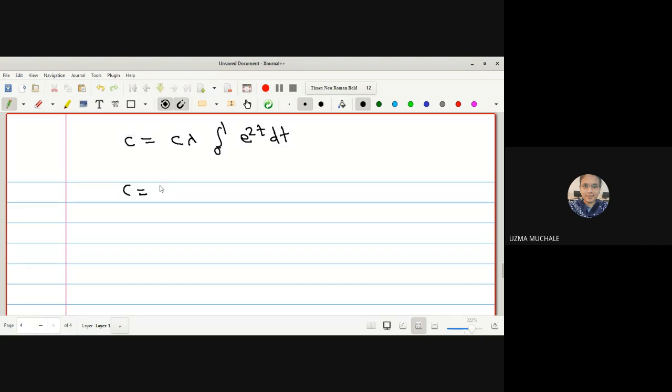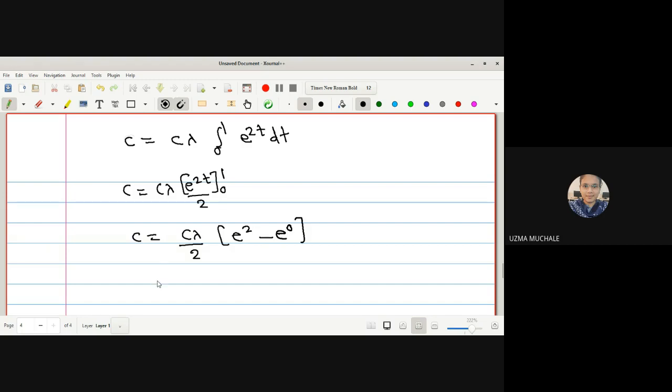Now you have to tell me the value of this integration. It is e raised to 2t upon 2, within the limits 0 to 1, and hence we have c is equal to c lambda divided by 2 as it is, into e raised to 2 minus e raised to 0.